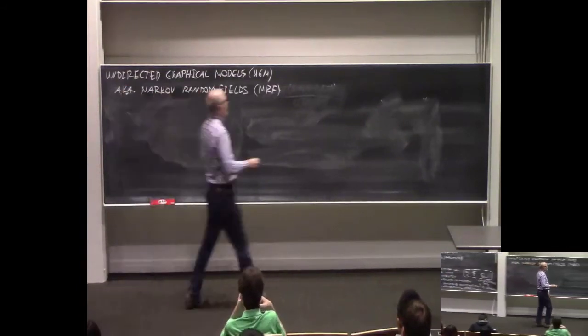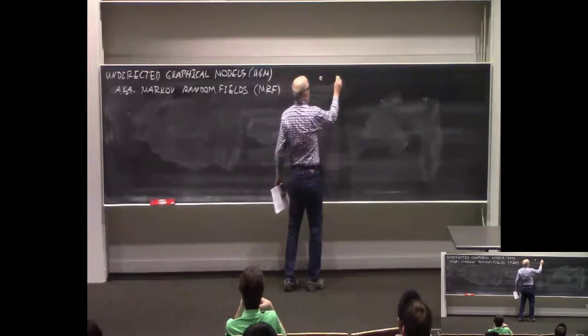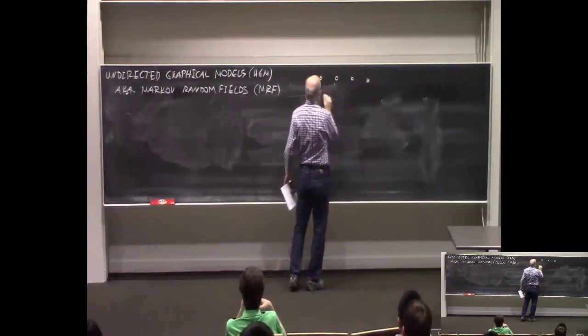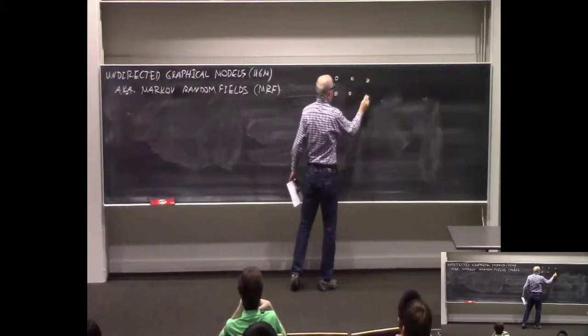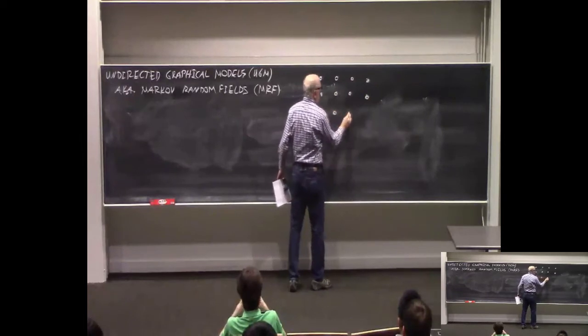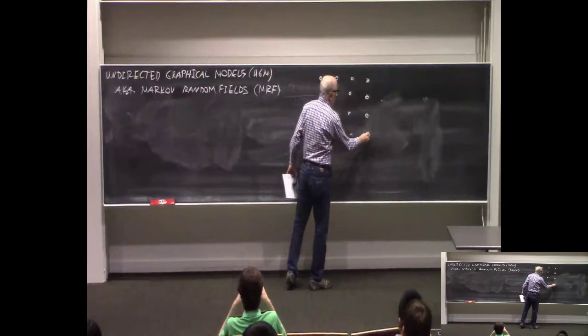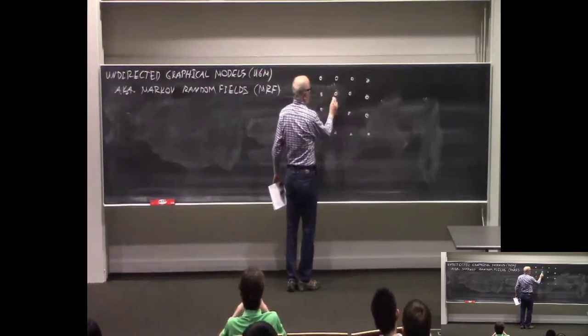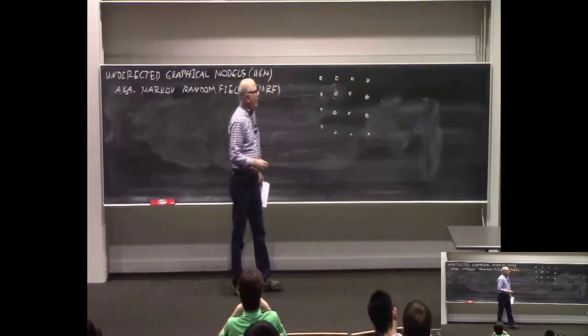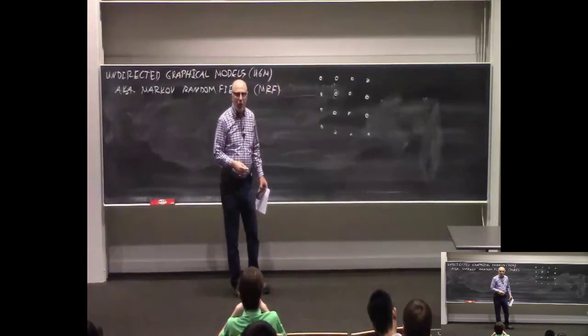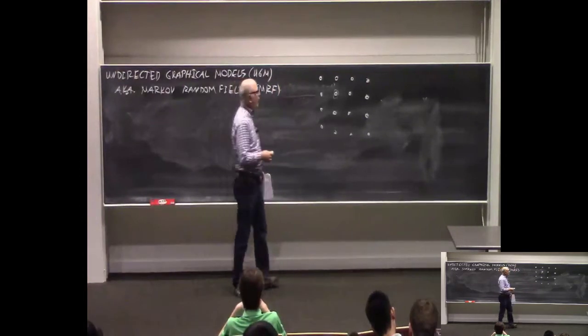So let's take the case of an image. Here are the pixels. And let's take this pixel and ask, what is it influenced by, or what is it mostly correlated with?